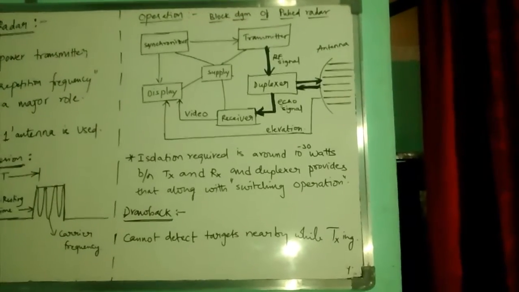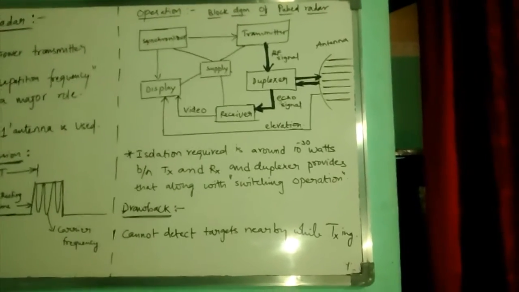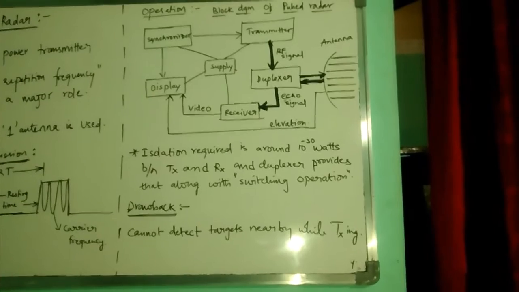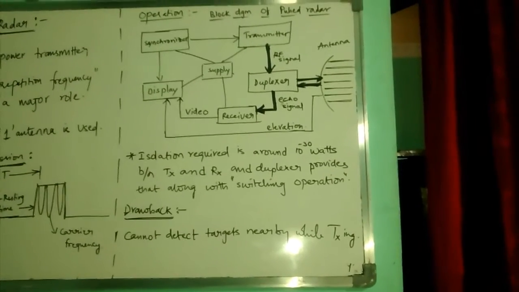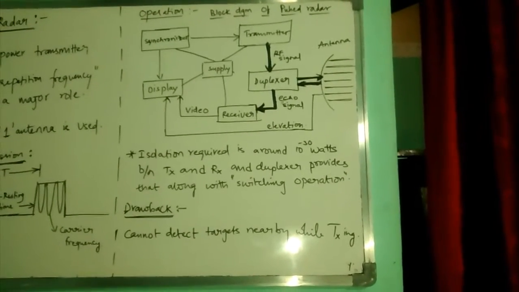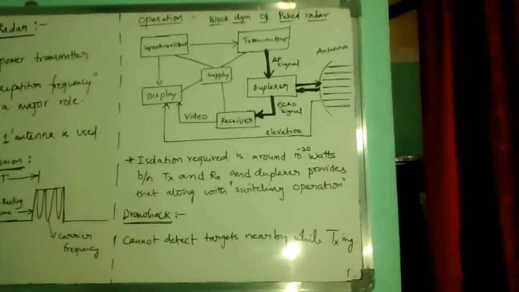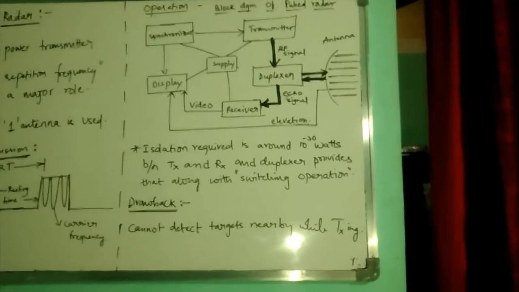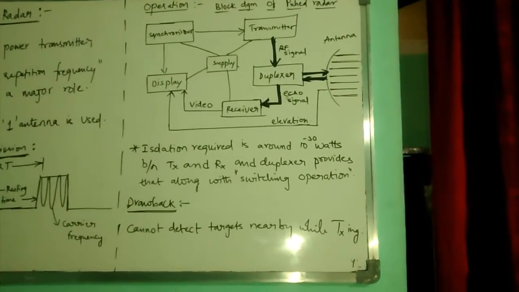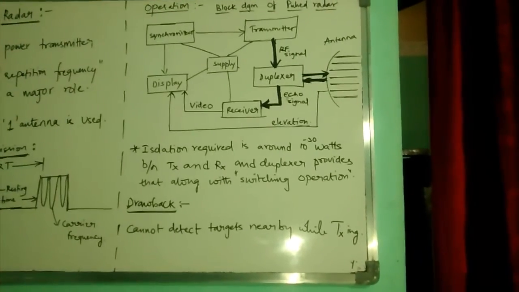Whenever we encounter a target and the echo signal has reached the receiving antenna, the receiver will be on and the transmitter will be off for that time duration. So at one instant, one of them is on and the other is off.